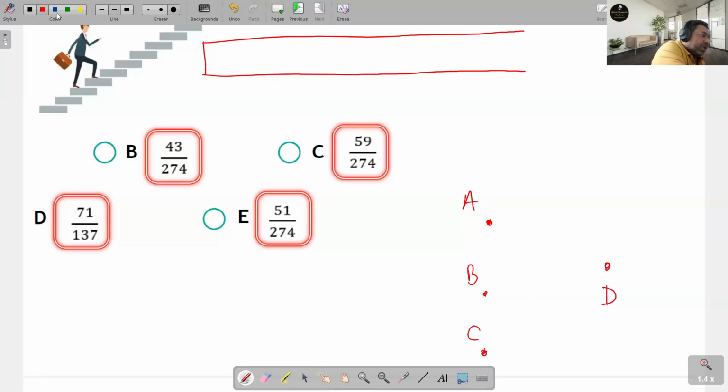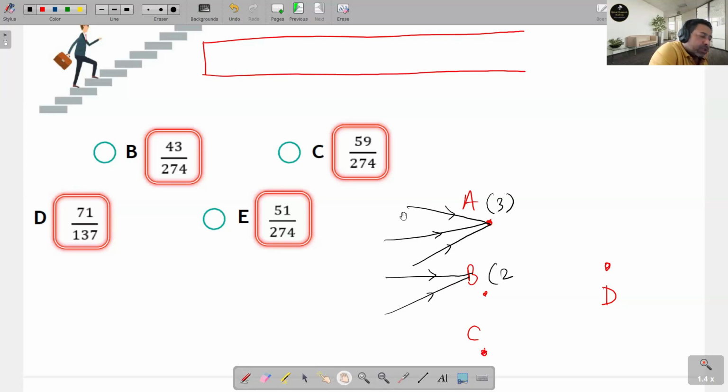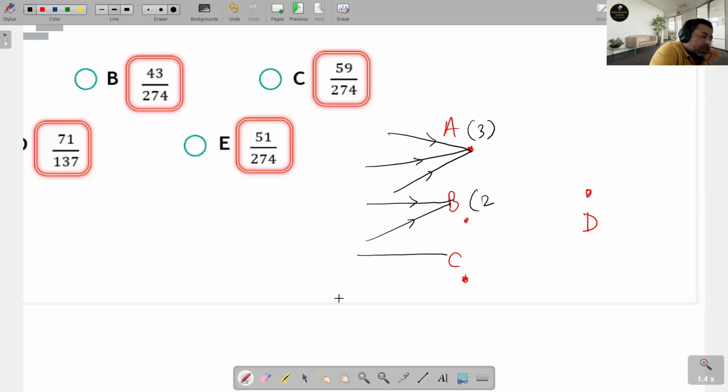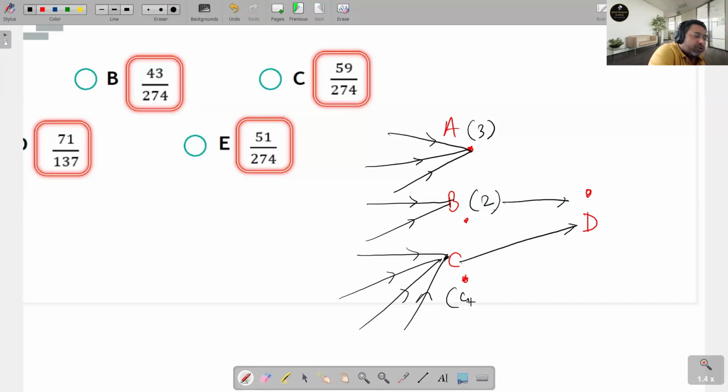If you reach A in 3 ways, B in 2 ways, and C in 4 ways, and from each of them you have only one way to reach D, then from C also, one way to reach D from here.